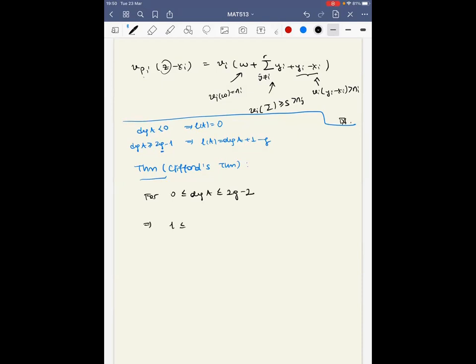In this case, even though we cannot say the exact dimension, instead of having an upper bound of degree plus 1, we can bound it above by 1 plus half of the degree.